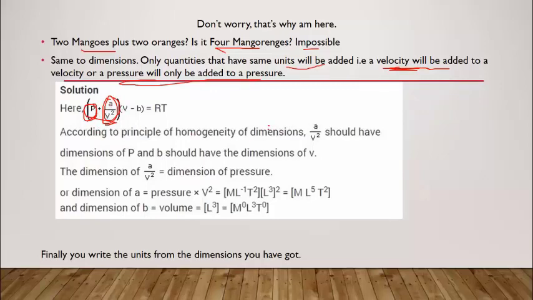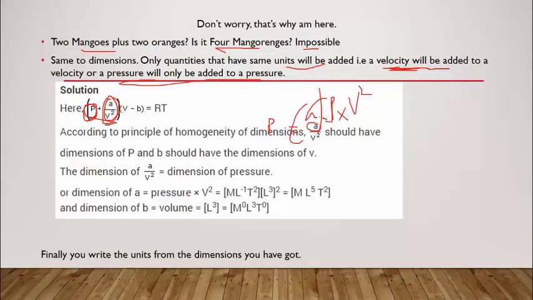If we know that the dimensions of P are equal to those of A V squared, then from here simply A is equal to P divided by V squared.